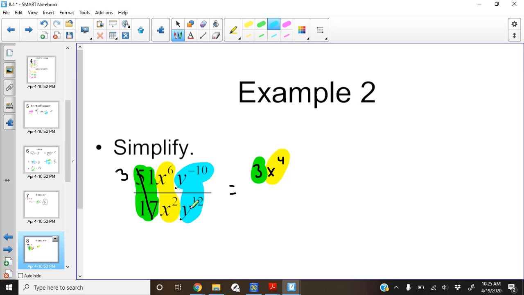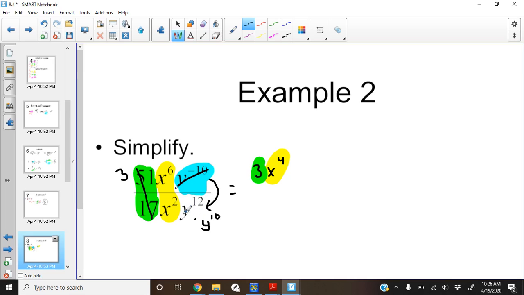Now there's two ways you can do this. I personally, now that we know our trick, I always like to move anything with the negative exponent. So although you can just go ahead and subtract these and then move it, what I personally like to do so I don't mess up any negative signs is I take whatever the negative exponent is usually and I move that first because I like to work with positives. And when you move that, it becomes y to the 10 in the denominator, right?